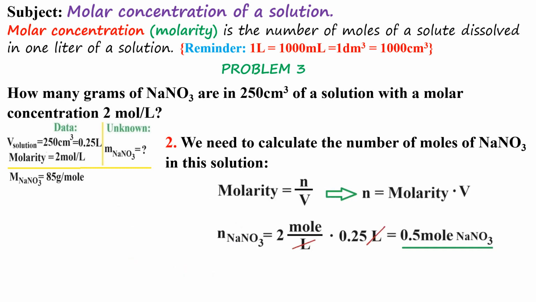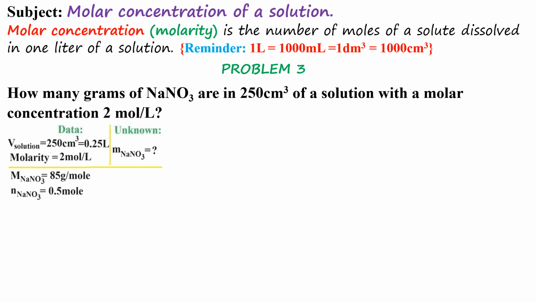In our case, the number of moles of sodium nitrate equals 2 moles per liter multiplied by 0.25 liter. We can see that the liter cancel out here and we get the result in moles. Now we know that there is 0.5 mole of sodium nitrate in our solution. Let's write the number of moles of sodium nitrate under the data in the problem.